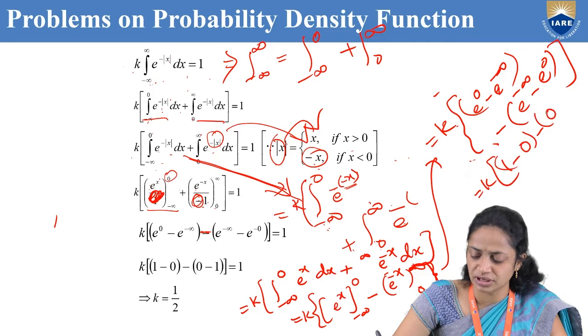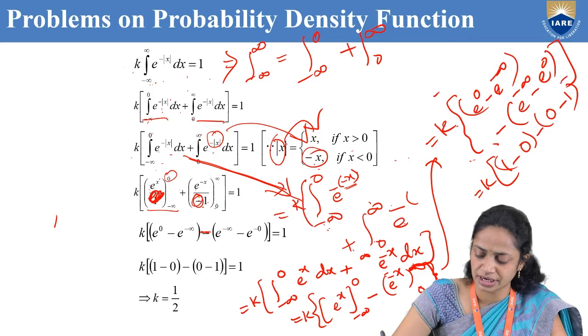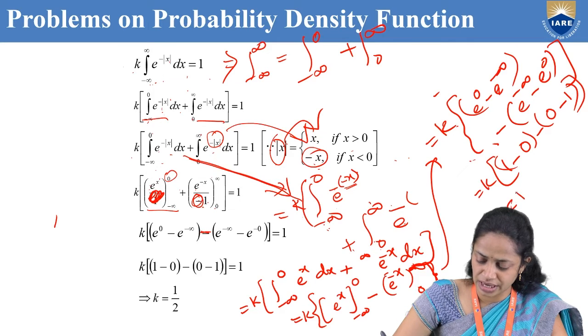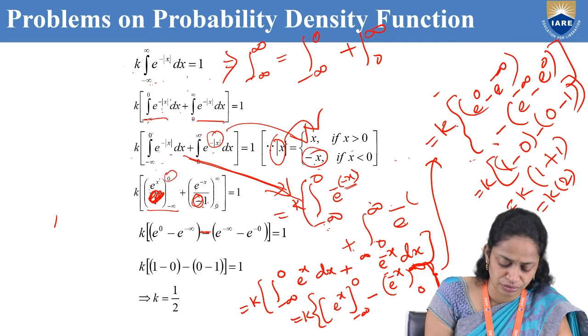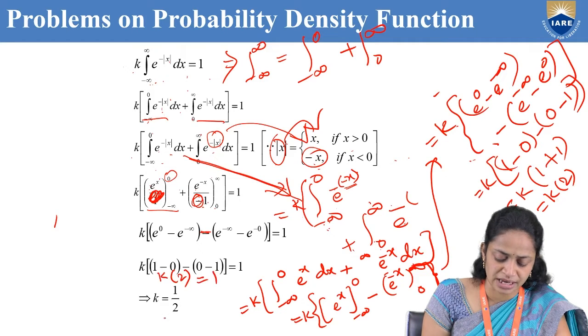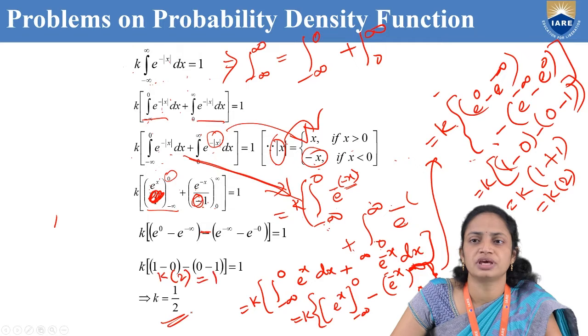Minus e power minus infinity is 0, and e power 0 is 1. Right, so that will be k times 1 plus 1, that is k times 2. So k times 2 equals 1, and from this k equals 1 by 2.